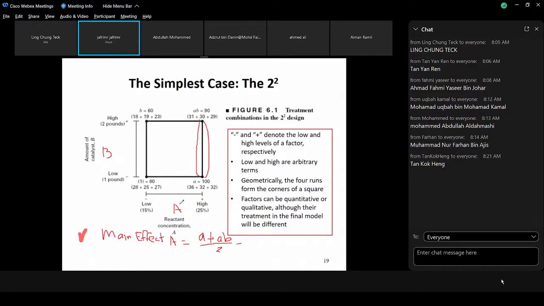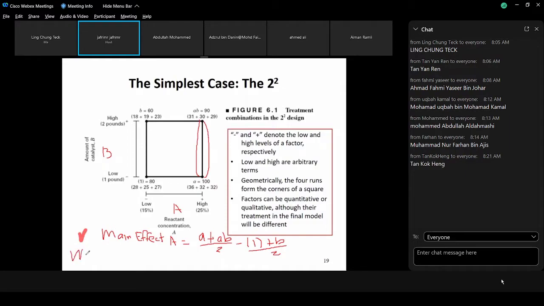This is A at high level, this is A at low level. That means 1 plus B, divided by 2.